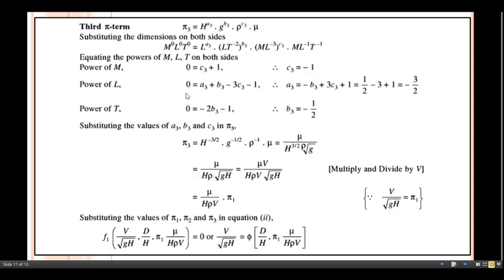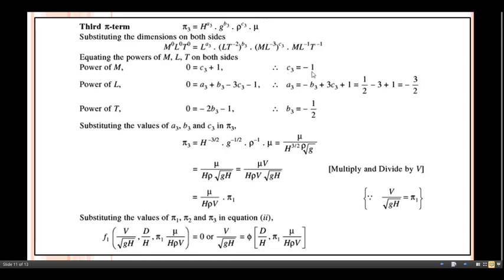Now similarly do the analysis for the next pi term, pi3, by substituting the dimensions on the left side and the right side. Equate the powers of the left side and right side quantities. Then we get a3, b3, c3, and substitute them in the pi3 equation. Here a3, b3 and c3 are minus 3 by 2, minus 1/2, and minus 1.